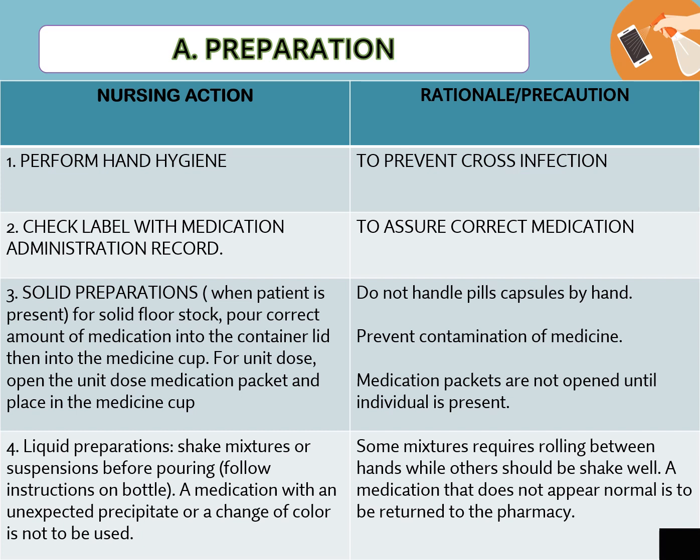For unit dose, open the unit dose medication packet and place it in the medication cup. For the liquid preparation, shake the mixture or suspension before pouring. Follow the instruction on the bottle. A medication with an unexpected precipitate or a change of color is not to be used.